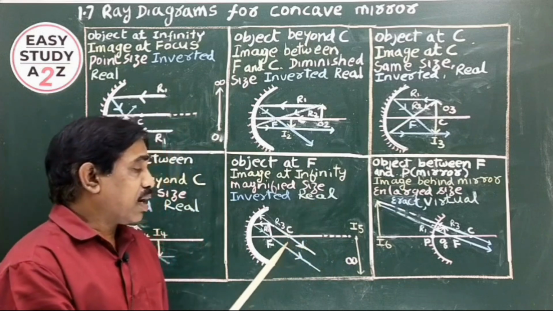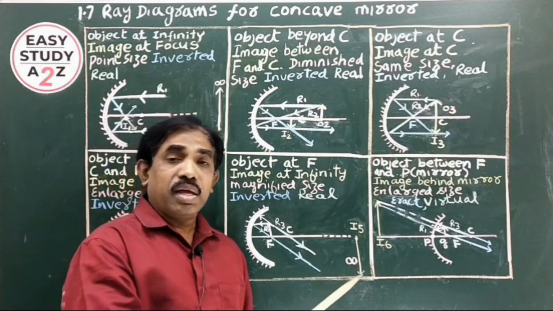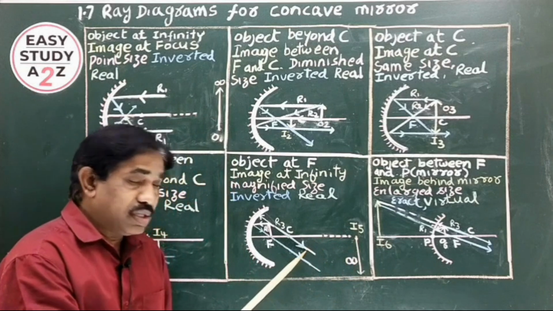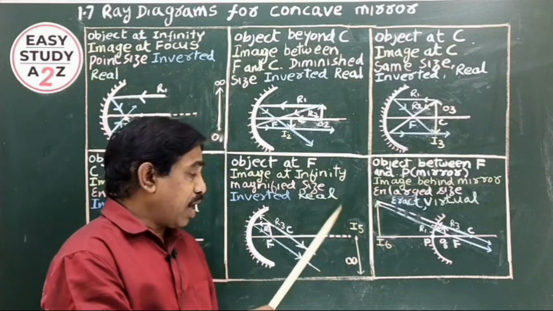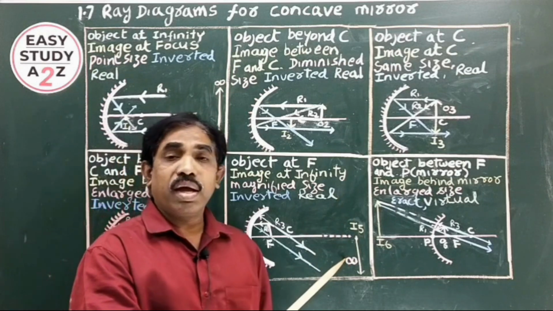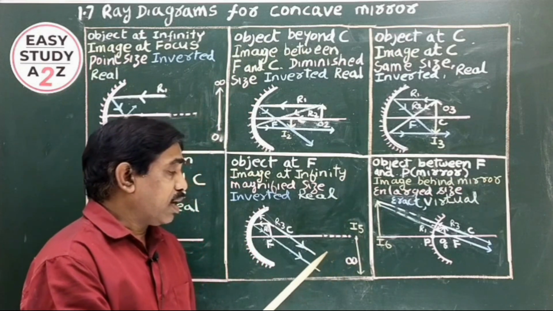We consider that the image is formed at infinite distance. The image is very much enlarged or magnified, inverted, and real, and it is obtained at infinite distance.